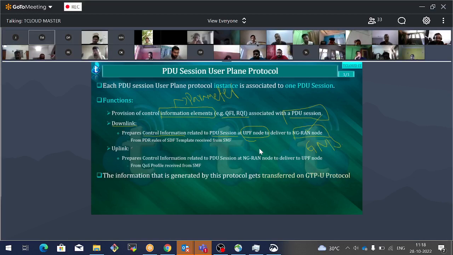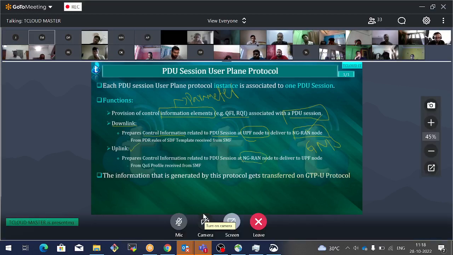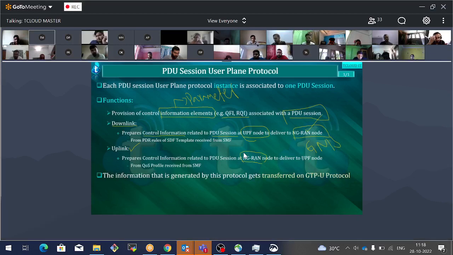In uplink, it is done by the opposite entity. It is done by the NG-RAN node. So the NG-RAN node receives the traffic on the radio bearers. Then it identifies the quality of service profile related information and sends those details to the UPF node.